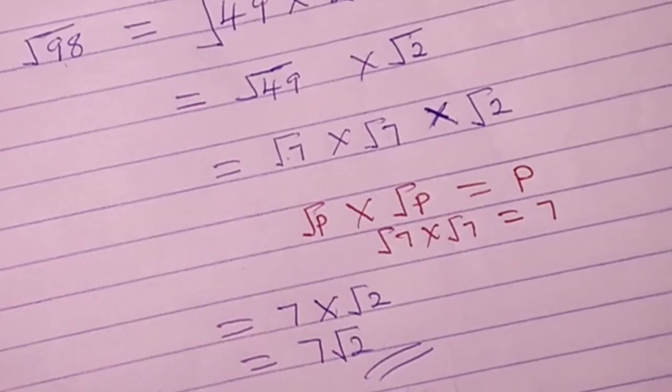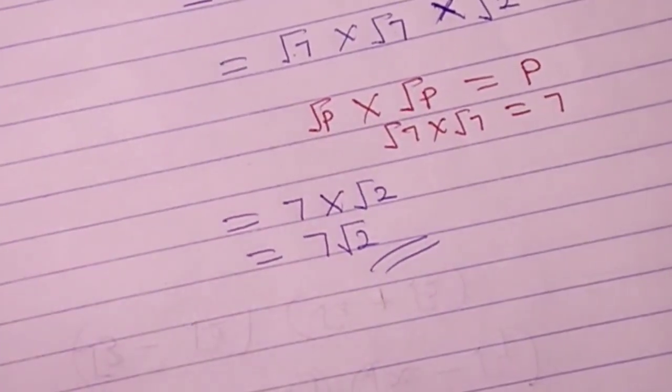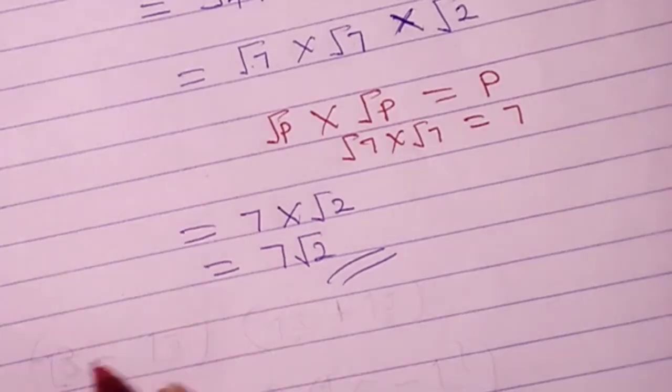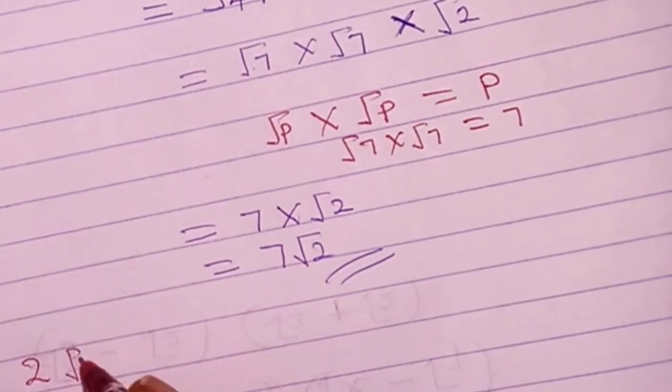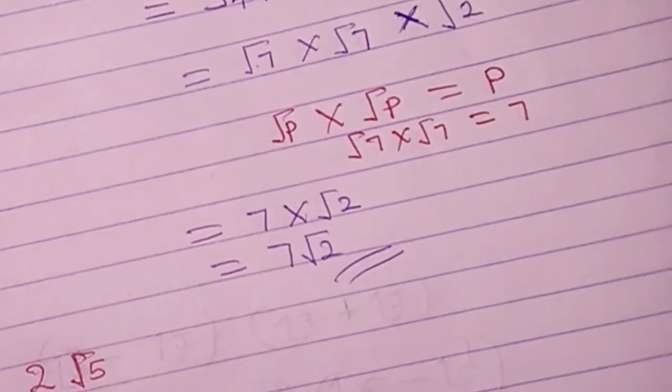Now, let us look at how to express a surd in a single form. For instance, you are given 2 root 5, and you are asked to express it as a single surd.